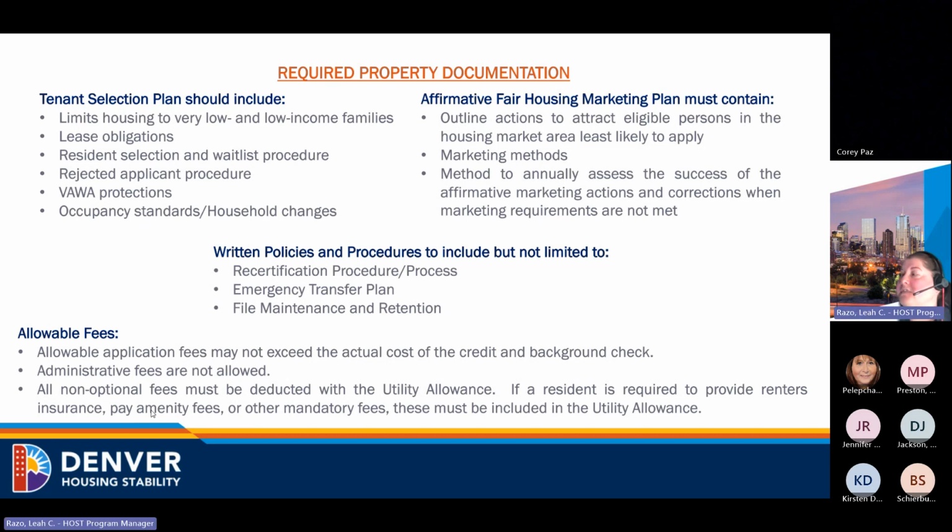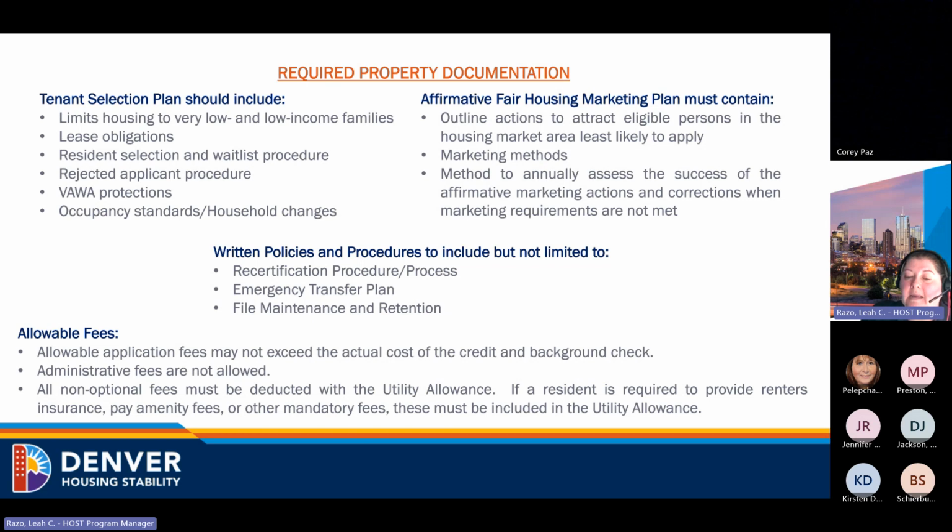all non-optional fees must be deducted along with your property's utility allowance to make sure that you are charging the correct total rent amount. So if you have a unit that's restricted to 80% income limits and 80% rent limits, that total amount, I'm just going to throw out an example here, is $1,850.